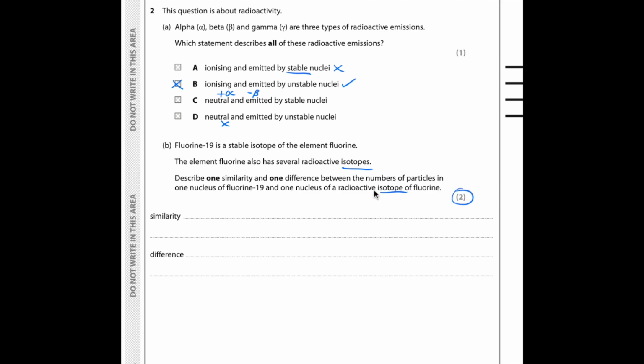So an isotope has the same number of protons or same atomic number because the number of protons is the atomic number, and it's got a different number of neutrons or different mass number.